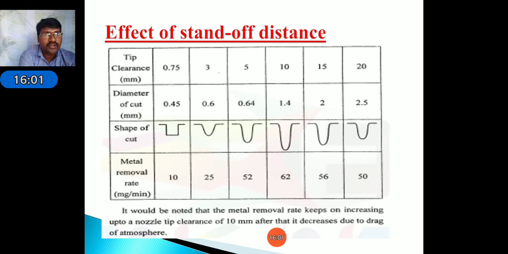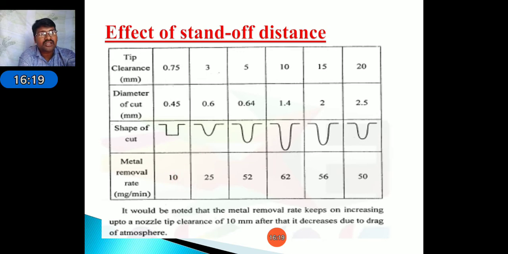Next, coming to the effect of standoff distance, that is, tip clearance. Suppose you take 0.75, that is the distance between the nozzle tip and workpiece. The depth and diameter of cut is 0.5, the shape will be like this, and the material removal rate is 10.